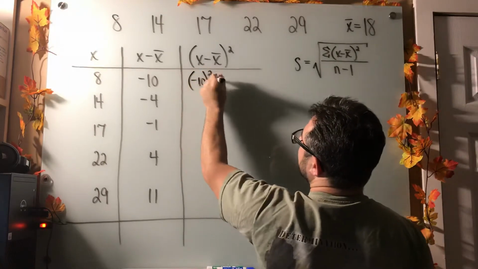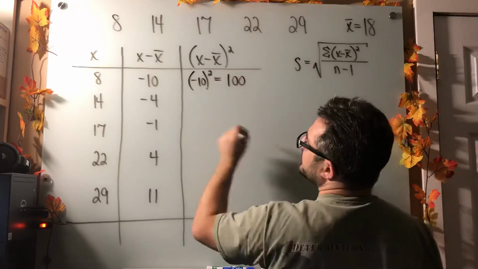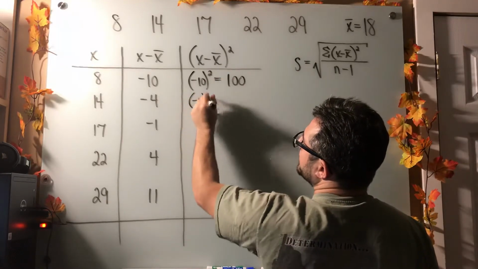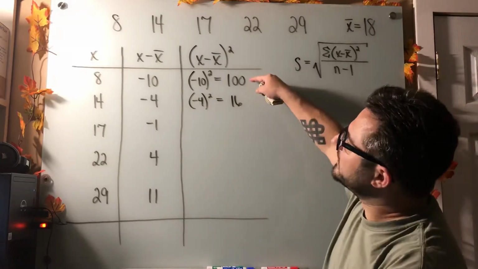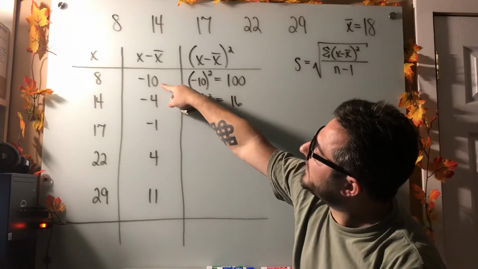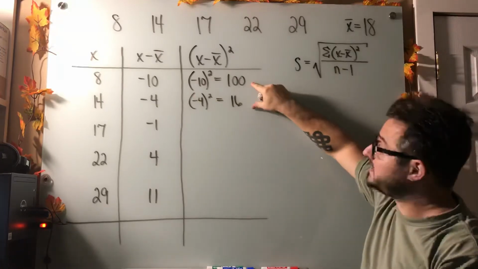So let's just go through it then. Negative 10 squared is 100. Negative 4 squared is 16. So we can see the greater distance and therefore the greater influence is maintained.